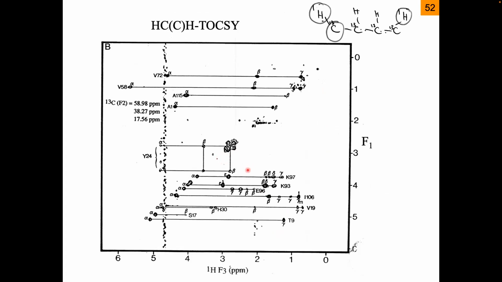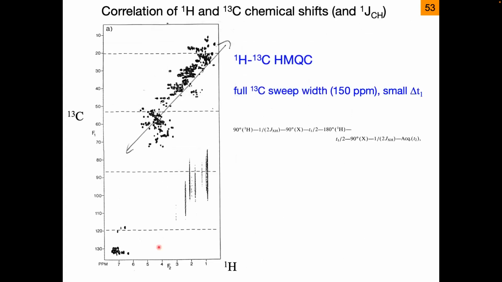For example, here for this lysine, you're going quite far out, beta, gamma, and delta, and so on, isoleucine. And this is again detected on the protons, but you could also do, if you wanted, 2 carbon frequencies and 1 proton frequency.